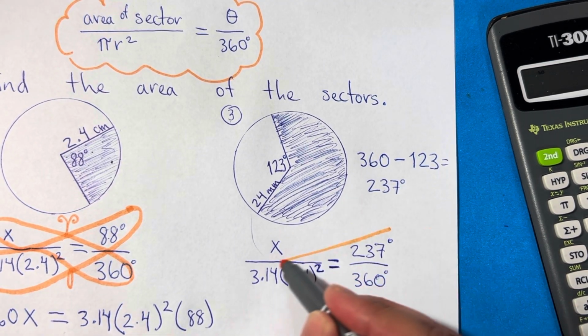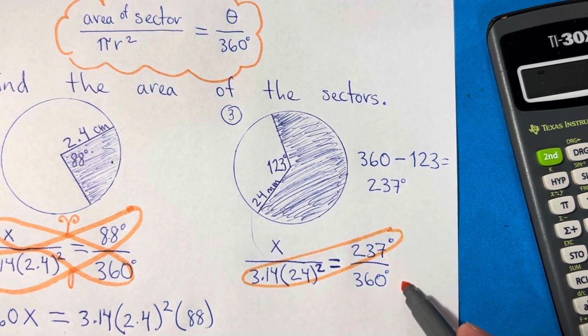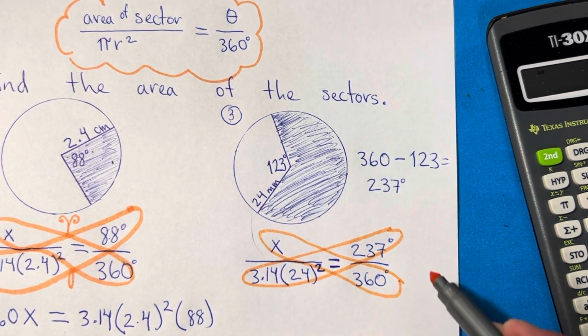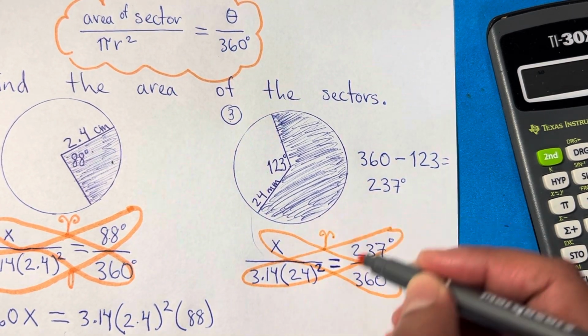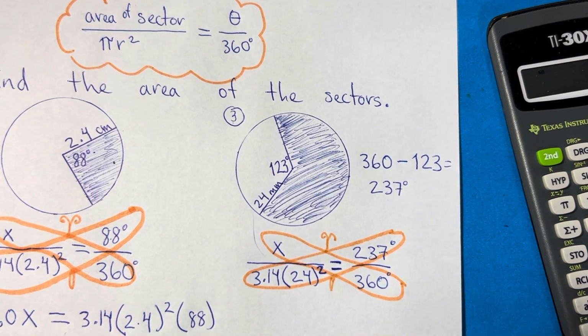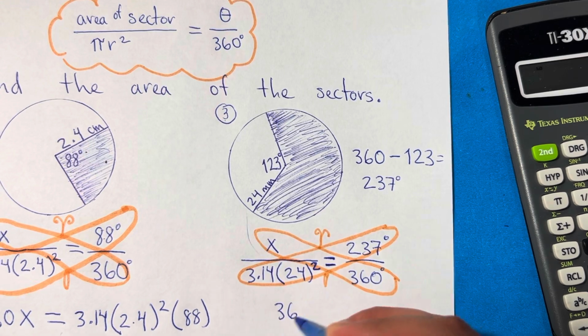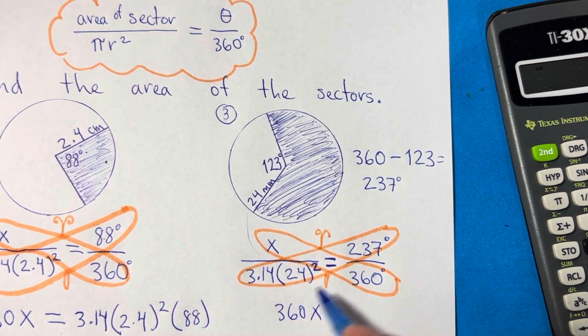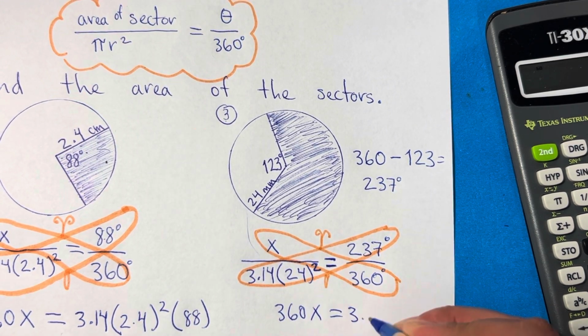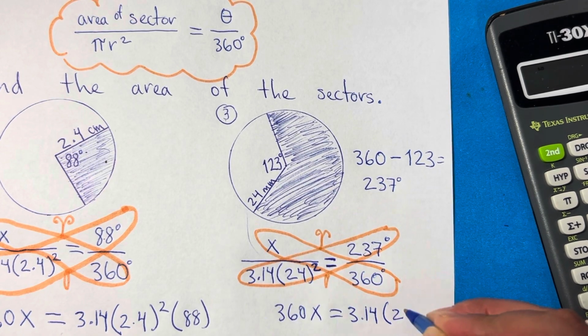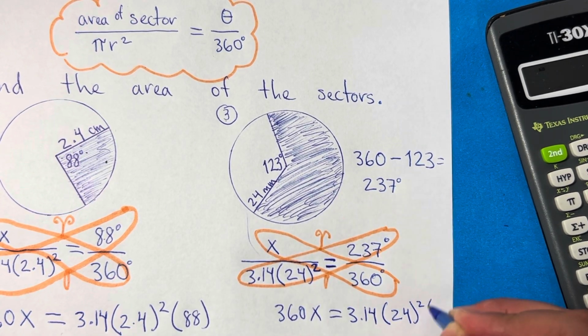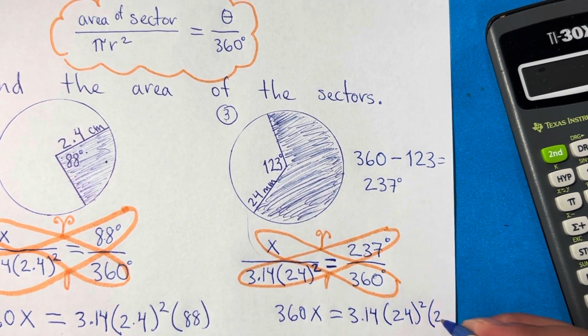Again, the butterfly is going to help us. So we multiply one wing and then the other. So x times 360 is 360x equals 3.14 times 24 squared times 237.